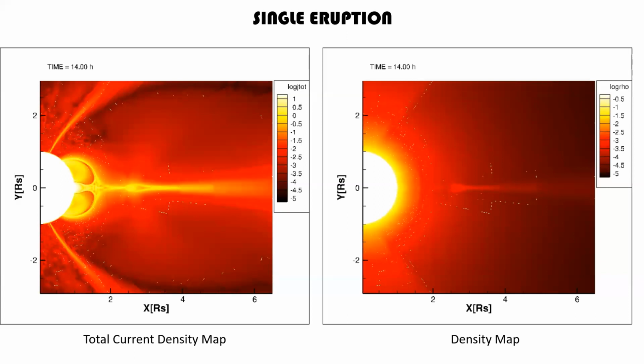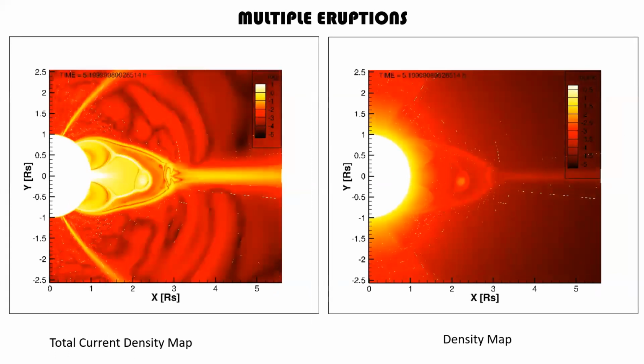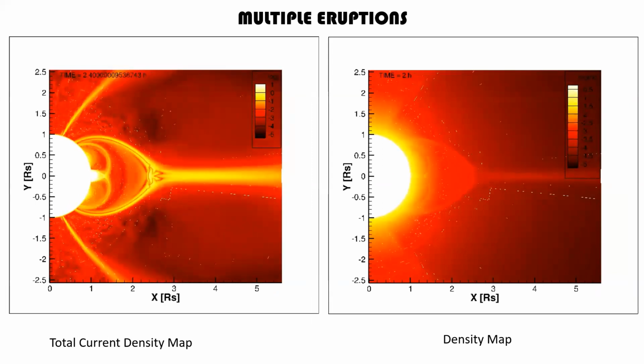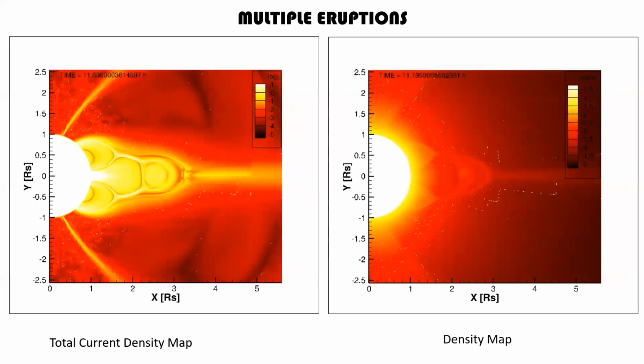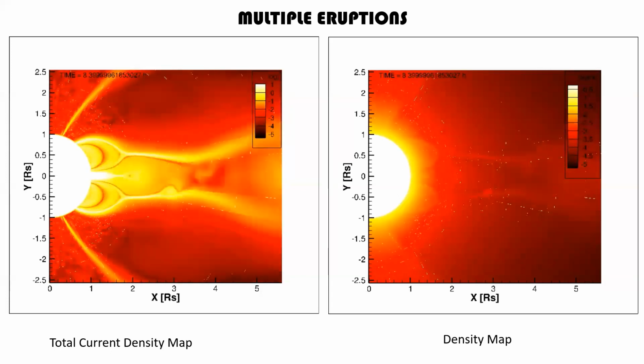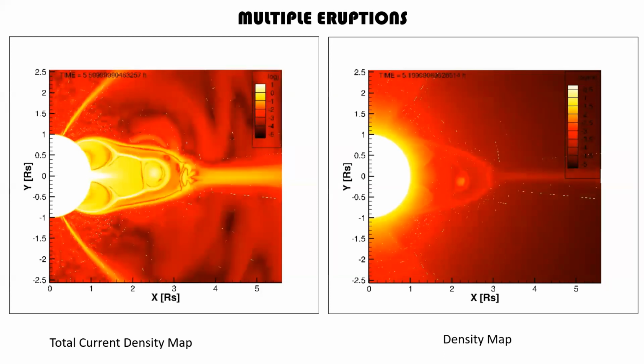If we change this velocity slightly, within let's say 5% of the initial velocity, we get a different scenario. And this is the multi-eruption case, where if we increase the shear velocity at the base further, we get multiple eruptions. The helicity that is injected into the system is not carried away by only one CME.